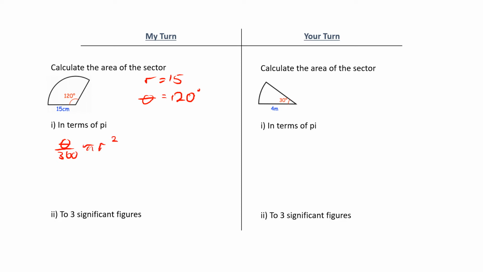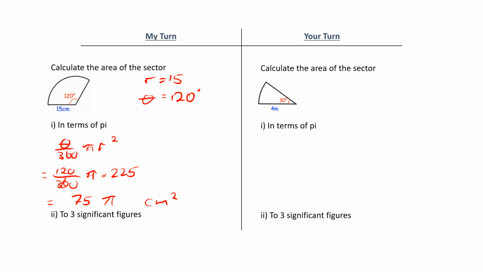Theta this time we've got 120 divided by 360, which is going to give me a third, times pi times radius squared, 225. That will give me 75 pi in terms of pi, centimeters squared.